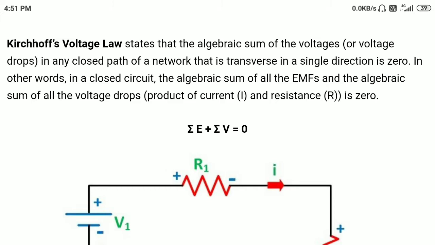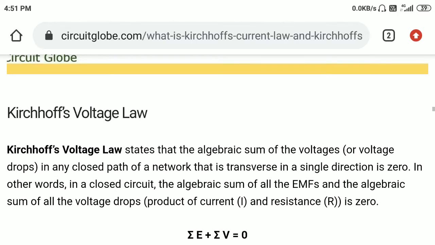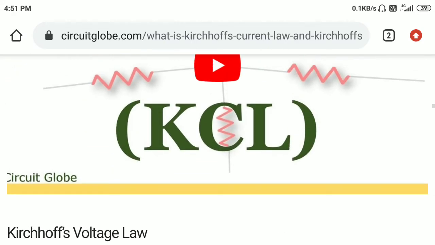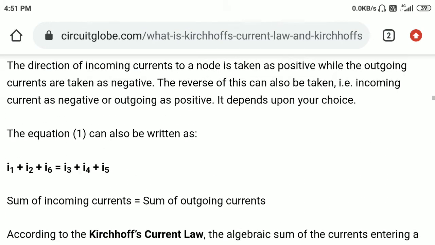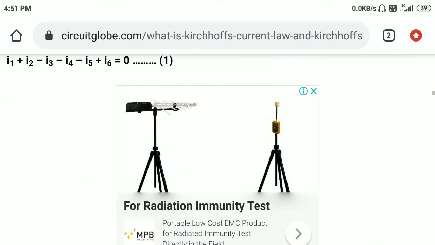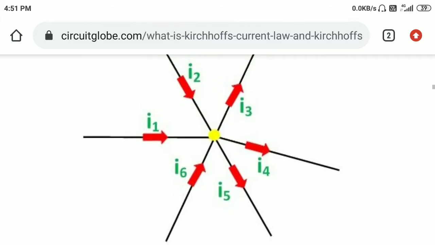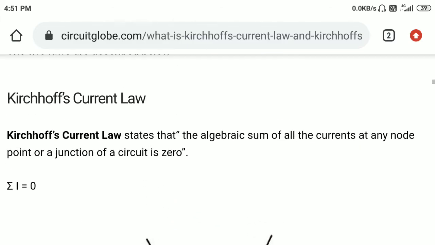So sigma E is nothing but the source, and sigma V is nothing but the voltage drops. So here the voltage induced EMFs plus drops equal to 0 in Kirchhoff voltage law. Now let's go to Kirchhoff current law.